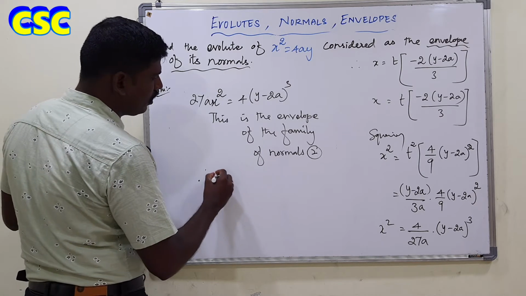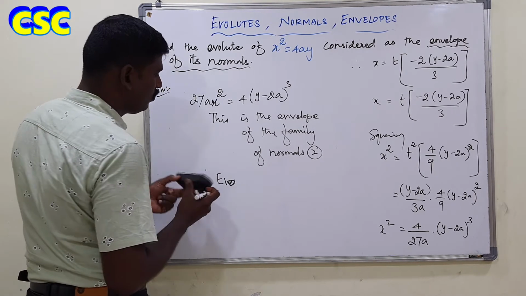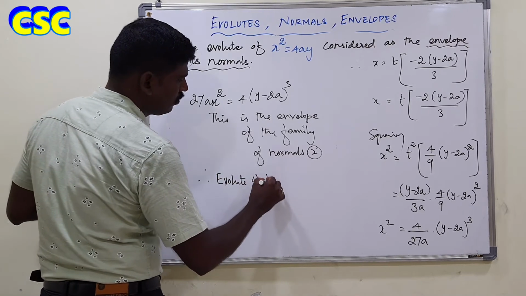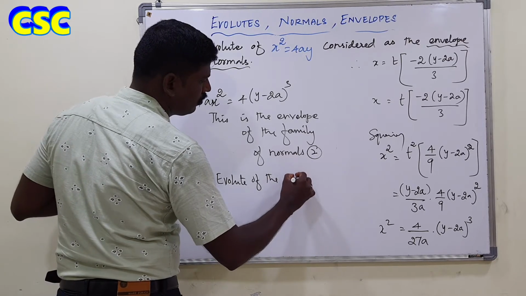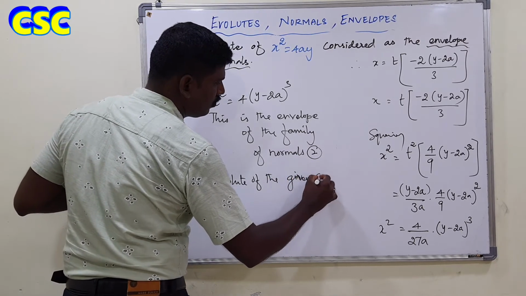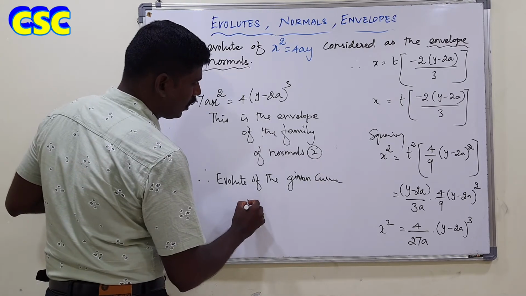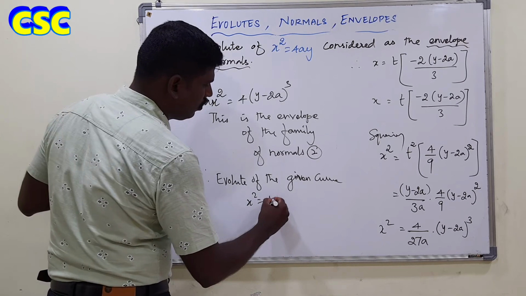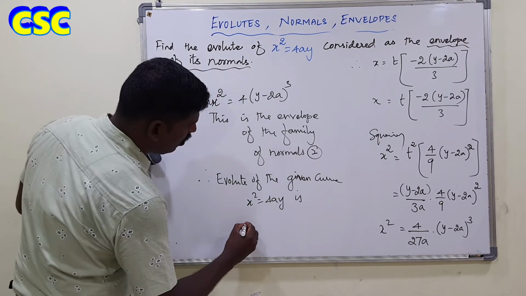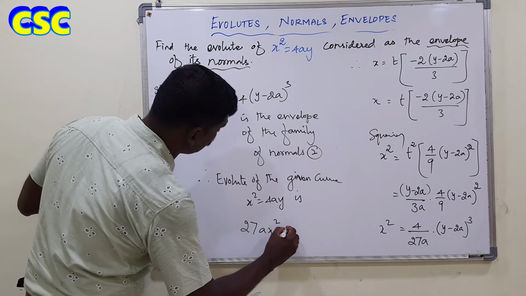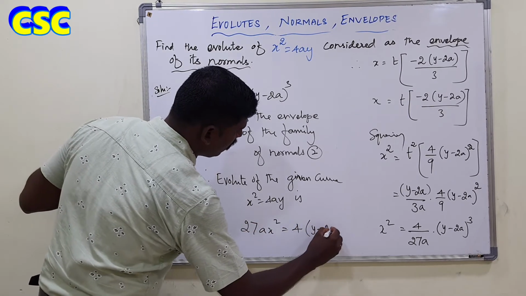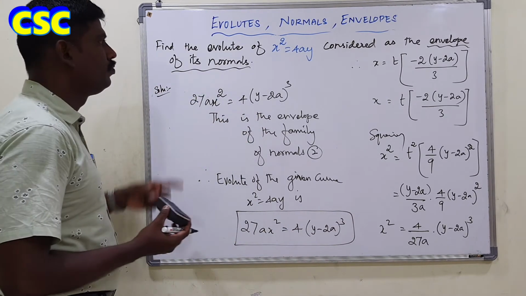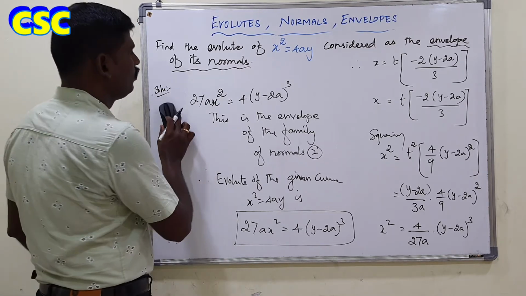Therefore, evolute of the given curve x square is equal to 4ay is what? 27 ax square is equal to 4 times of y minus 2a the whole cube. Right? That's all. Right? Next problem.